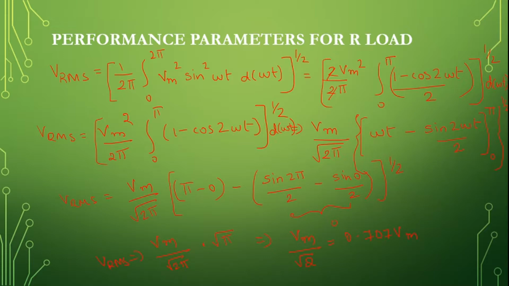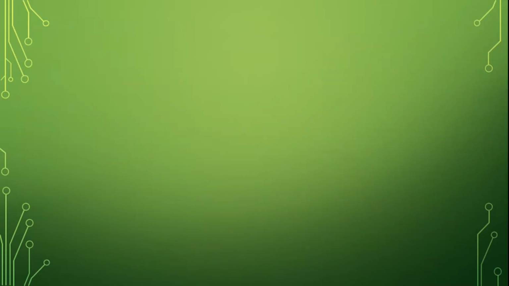What will be the RMS value of output current? IRMS is equal to VRMS by R. Next is efficiency, which is given by eta. Efficiency is the output power by input power. So we can write it as PDC by PAC.